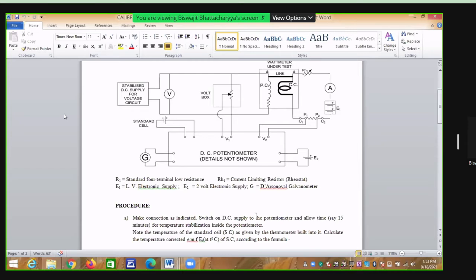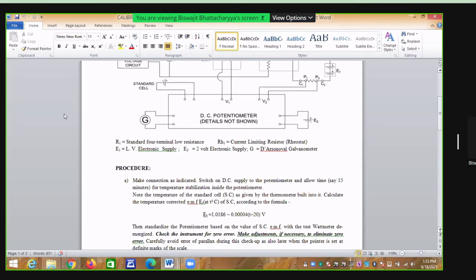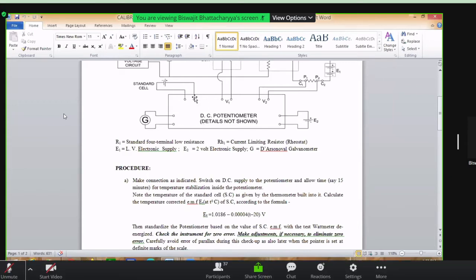Now I shall show you the video, but before that, let me show you what our readings will be. Initially we connect the standard cell, and after bringing it to the standardization mode, wait for 15 to 20 minutes.